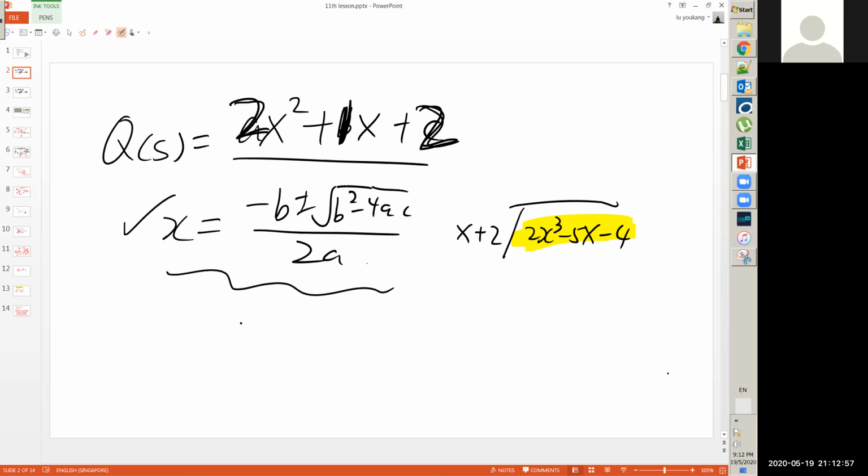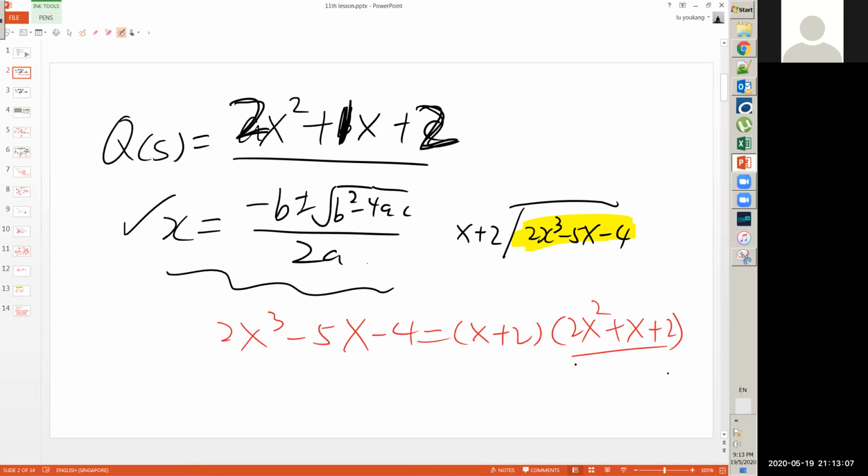So basically, for this cubic, you already have one factor, and then the quotient is this. What you need to do is factorize this quadratic. Let's say you can factorize it into this. That's how you factorize the cubic. Did I answer your question?